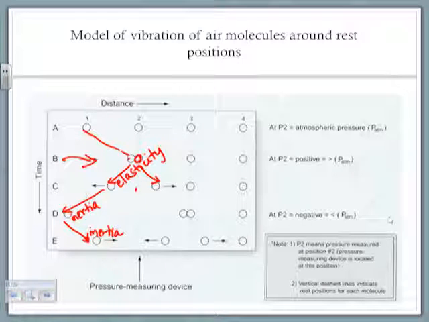Atmospheric pressure, where the density of any given particle is the same across different spatial locations. At time point B, position 2, there are two molecules, so there is going to be increased pressure compared to time point A, position 2. At time point C, position 2, there are no particles, meaning they're going to be less dense. That means there's going to be negative pressure compared to atmospheric pressure.